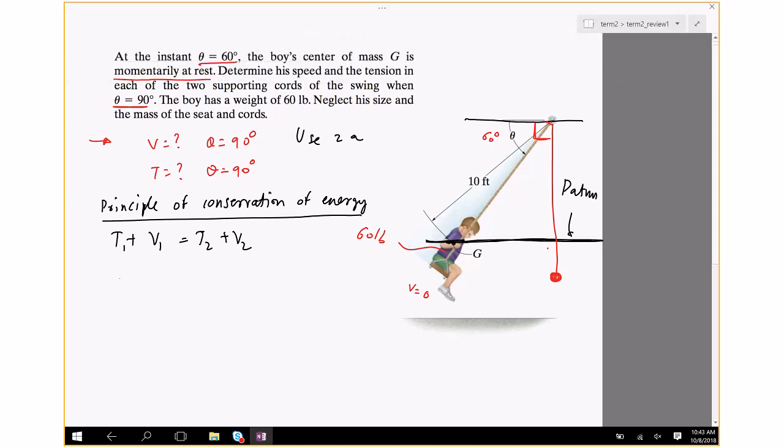So T1 is 0 because the kinetic energy is 0. Since we chose the datum to be at G, initially the potential is 0.